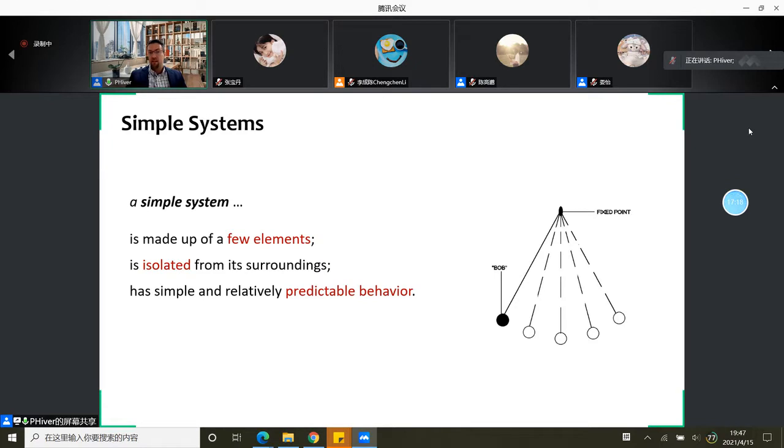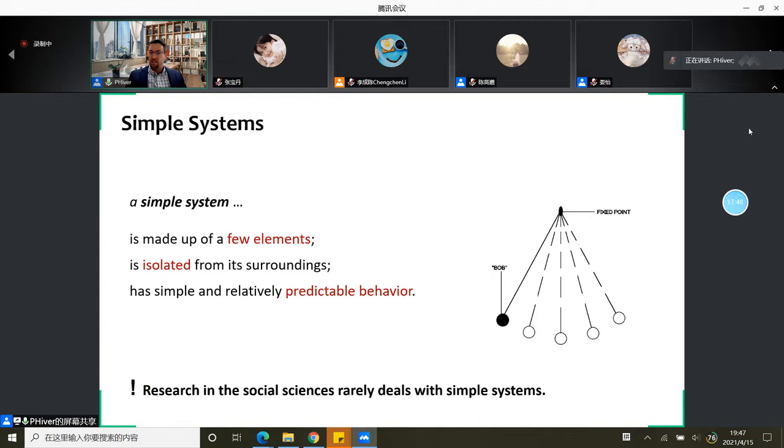And this assumption, we can see it in a lot of the research in our field. This pendulum is a good example of a simple system because it has a few elements and fairly predictable behavior. So if we know some basic things about the input to the system, how much energy we put into the system, then we can predict the system's behavior and the outcomes for the system. Right? We know exactly where the bob will swing.